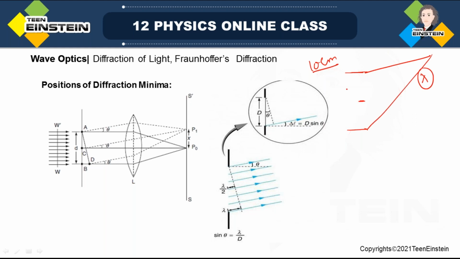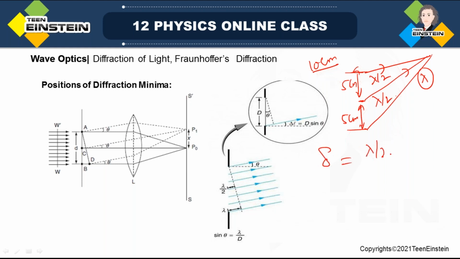Now if I make it into 5, this side is 5 centimeter and this side also 5 centimeter. So if light goes from one from here and another from this part, this will obviously give you lambda by 2 path difference. If I take from this particular point and this point, this will again give lambda by 2 path difference.